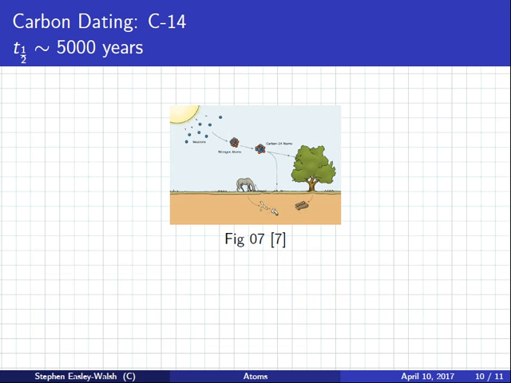Is it 12 protons? 6. Oh, 6 protons, 6 neutrons, 12 nucleons, that's the word, I forgot. So carbon-14 has how many extra neutrons? 2 extra neutrons. So it's radioactive.